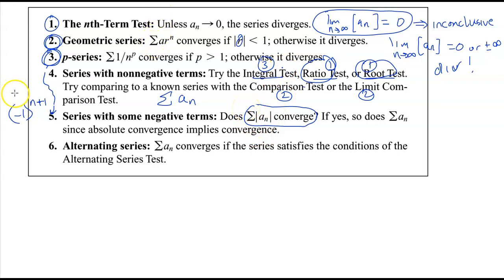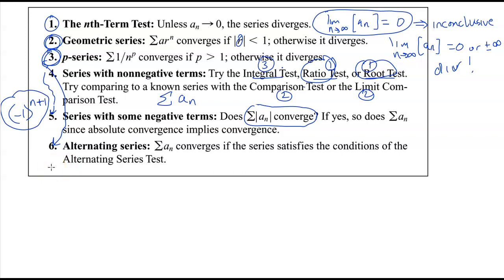Now, if you have a situation where you specifically have this factor of -1 raised to some power of n here, then of course you want to skip and go all the way down here to the alternating series test, okay?